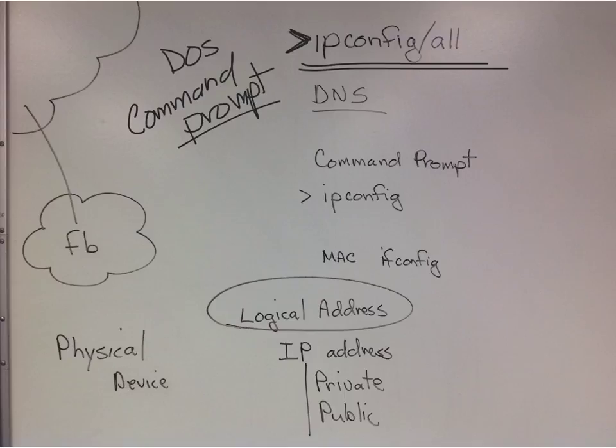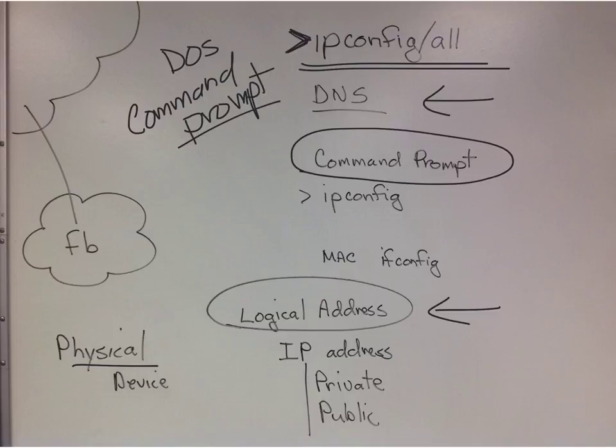Okay, so we typed ipconfig and it showed us some information. It showed us what we're using for a DNS server. It showed us our logical IP address, and also this command showed us our physical address. Physical address in the device. Okay?